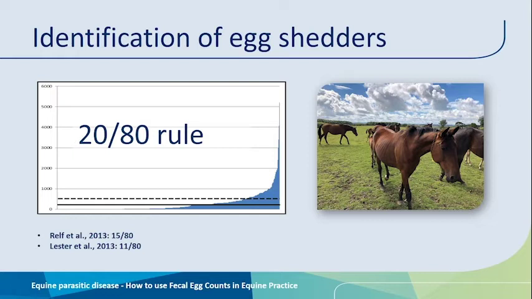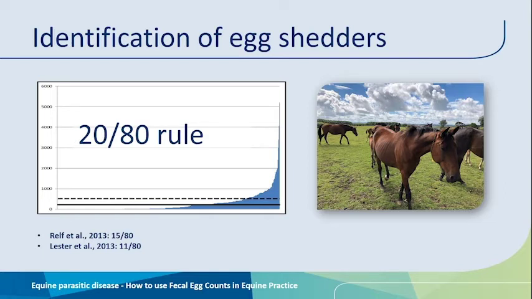So the 20/80 rule has been described in several different publications, and what that means is that at any point in time in adult horses, 20% of the horses will be shedding 80% of the total strongyle egg output.